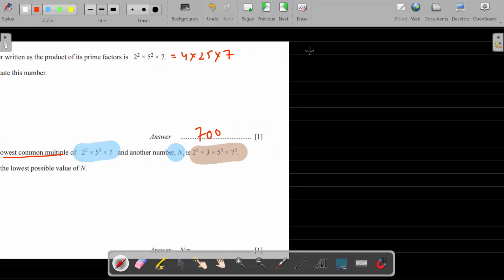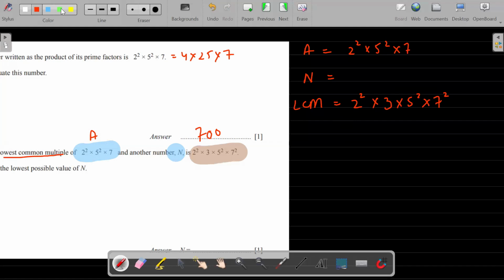Suppose this number is a. My number a has prime factors 2 raised to power 2 times 5 raised to power 2 times 7. And the value of the LCM is 2 raised to power 2 times 3 times 5 raised to power 2 times 7 raised to power 2.